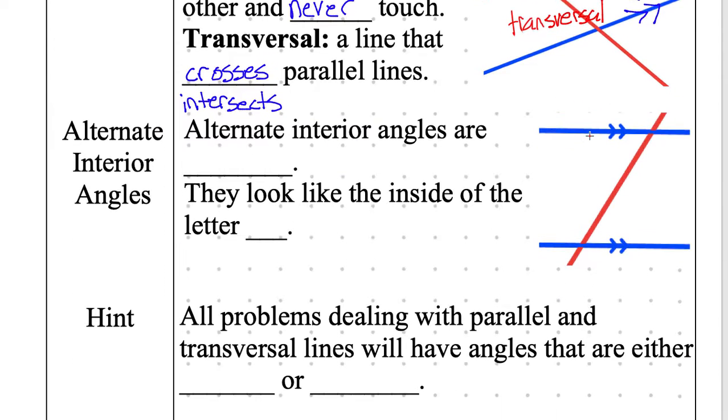Let's talk about alternate interior angles. Alternate interior angles are always, what's the mathematical word for equal, but in geometry? Equal was for those simpletons in algebra. Now we're in geometry. We have a new term that means equal to, but for geometry type things.